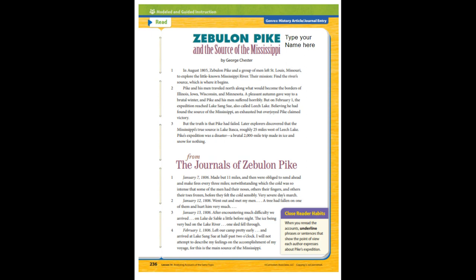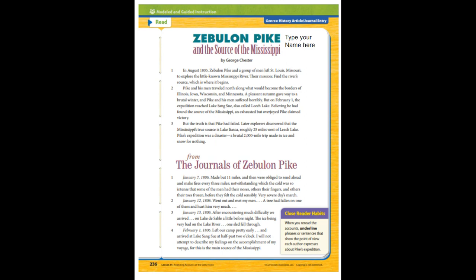So what are both of these passages focusing on? And we are so smart, we know that the topic is Zebulon Pike's exploration. And we also know why he did it. He was trying to find the source of the Mississippi River. So that was his focus. That was the reason why he went on this mission to begin with.